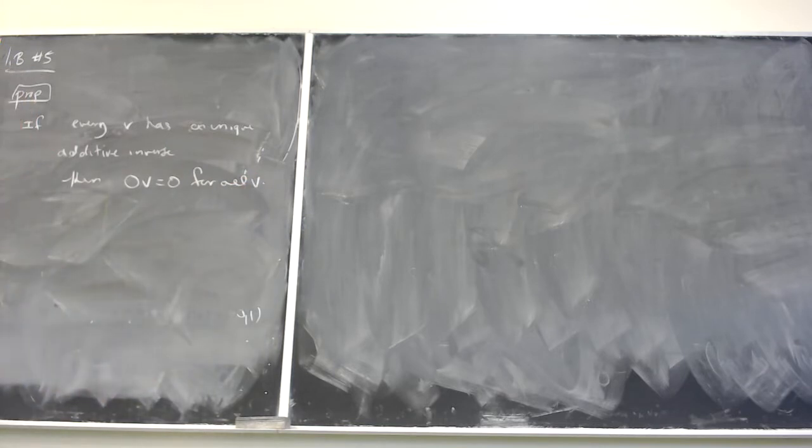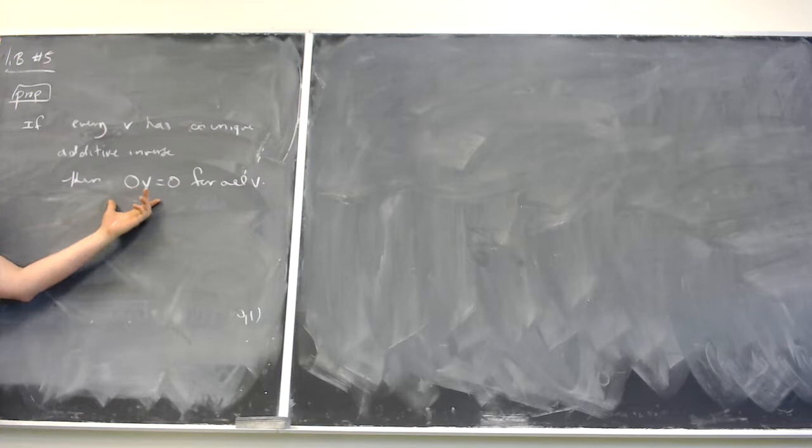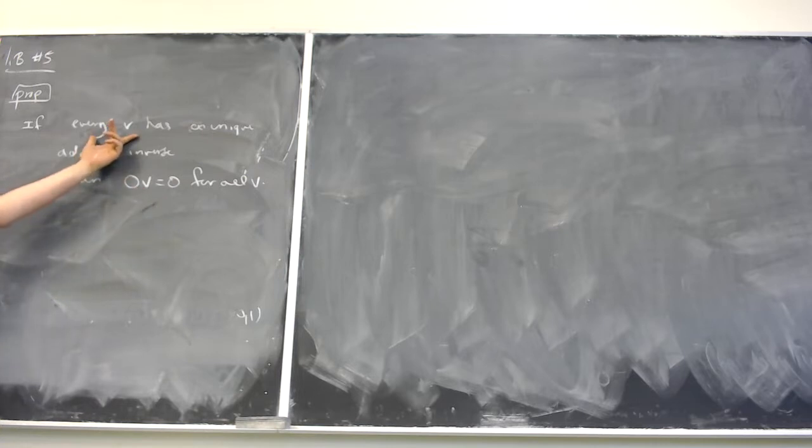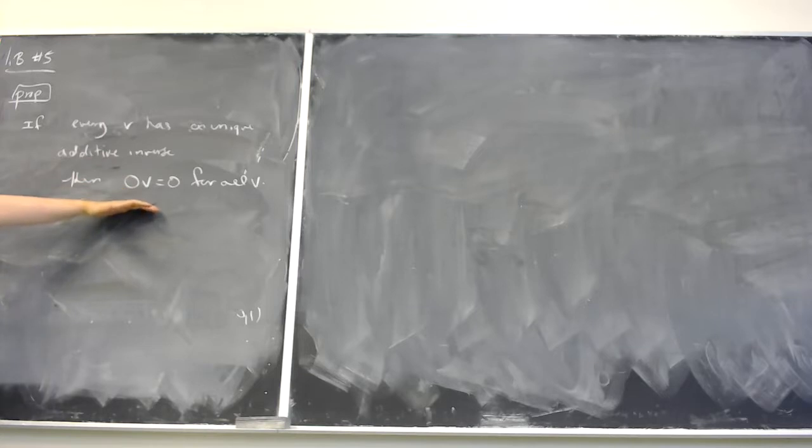That's what the book proves. The book actually just says that 0v is equal to 0 for all v, but the way it does it is it assumes this property and then uses it in the proof. So the book's version of it is the forward direction. It says, if you knew everything had an additive inverse, then 0v is equal to 0 for all v.